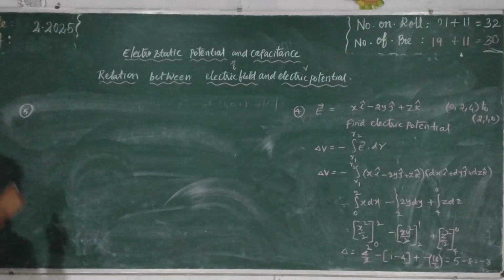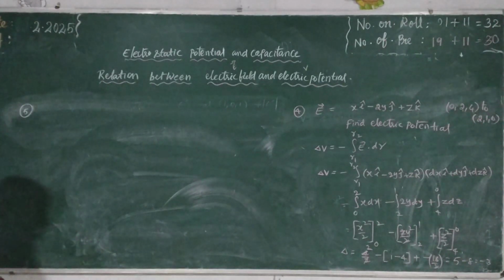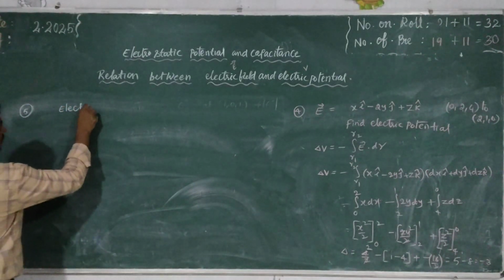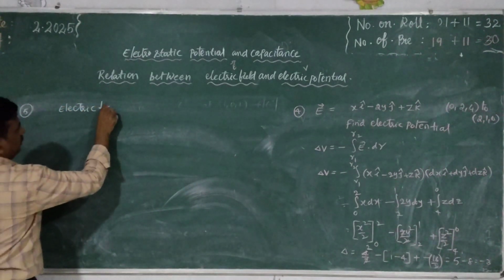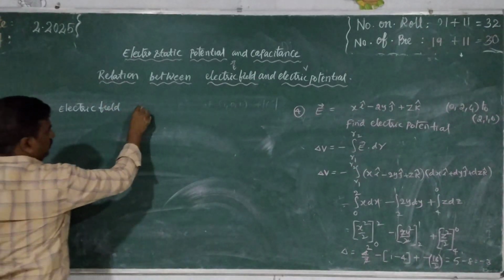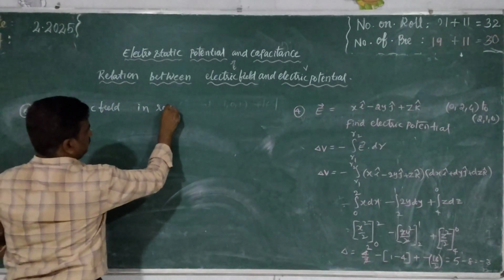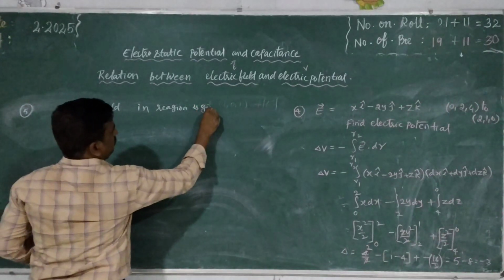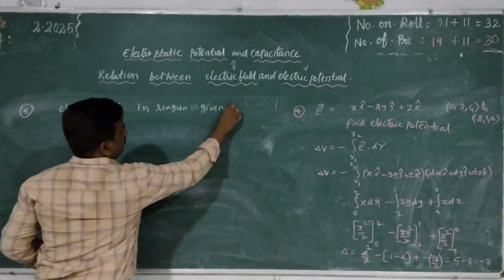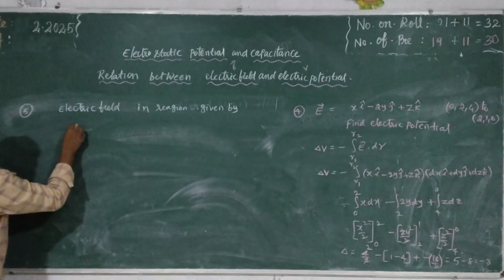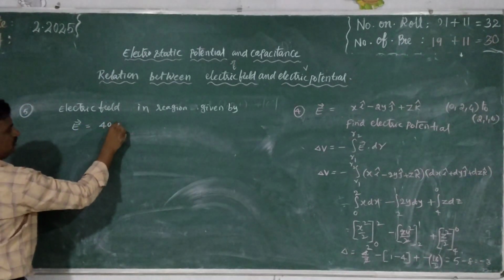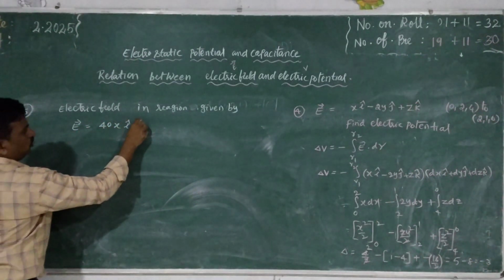I write the problem here. The electric field in a region is given by E equal to 40 x i cap Newton per coulomb.